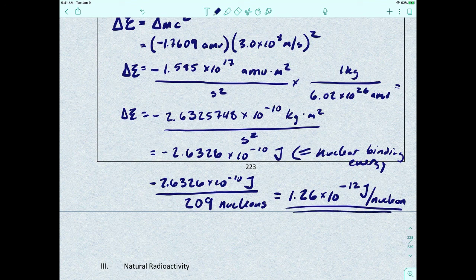Now, why do we really care about these numbers? Where is this all coming from? This explains quite a few things to us. This number explains what's really keeping these protons and neutrons held together. It takes this many joules per nucleon to hold all the nucleons together.